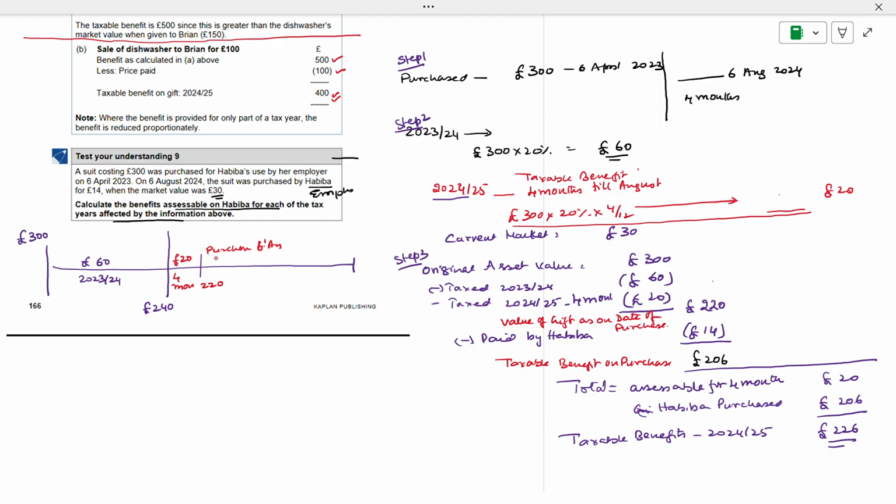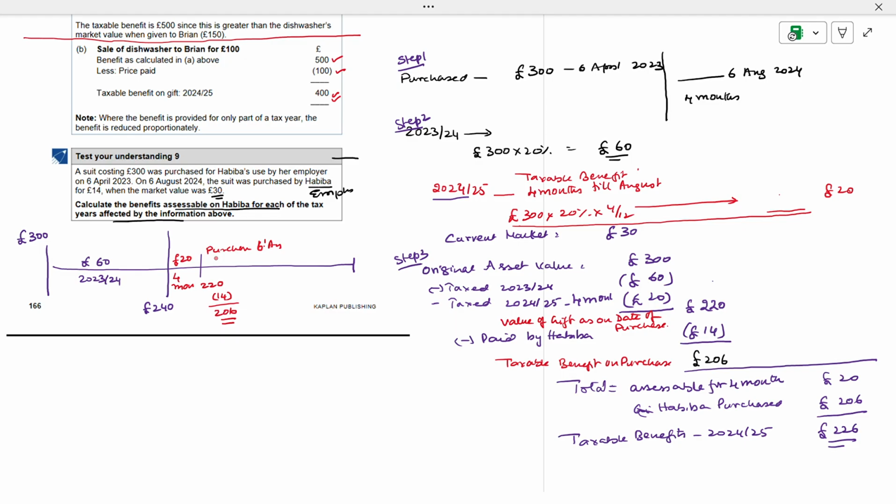Yes, sir. And this is the value. Now, when they purchased, how much did he pay? 14. Yes, sir. How much is it? Is it clear about this? Yes. Is it okay? So 206 is paid by Habiba.